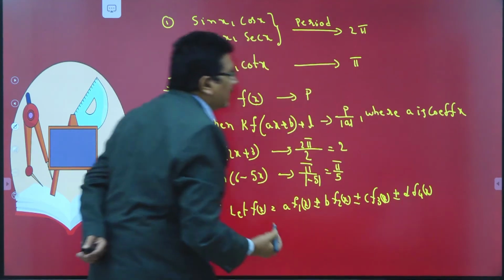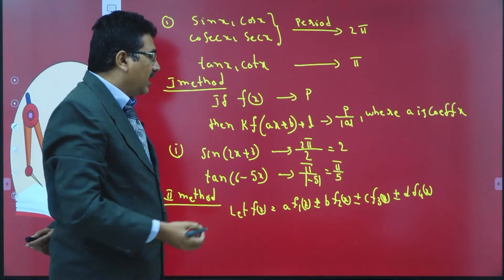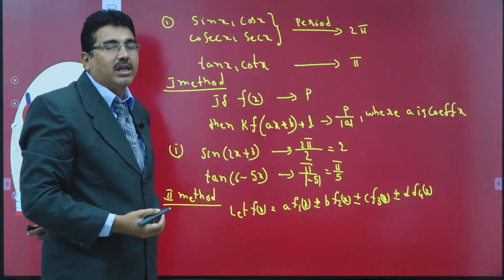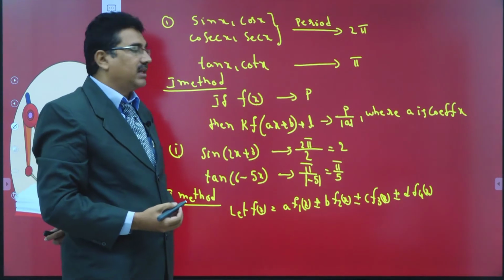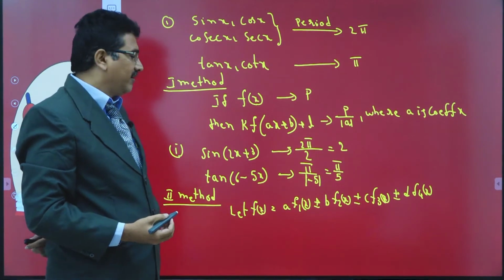Here f1, f2, f3, f4 are linear functions, which means the degree of those functions is 1.